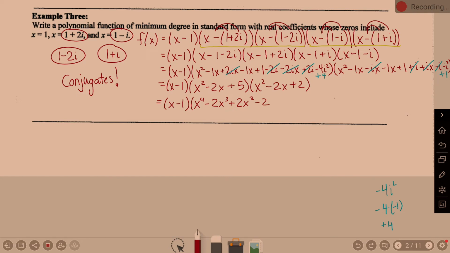So minus 2x cubed, minus 2x times minus 2x, plus 4x squared, minus 2x times 2, minus 4x. And then it's 5 times everything in that last parenthesis. Plus 5x squared, minus 10x, plus 10.